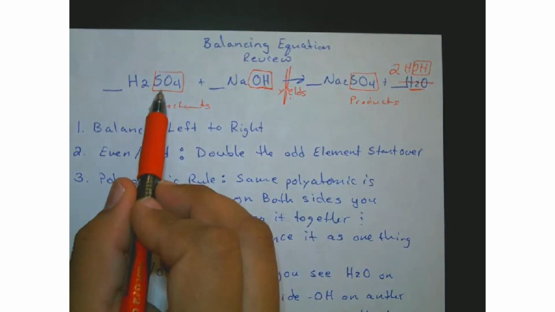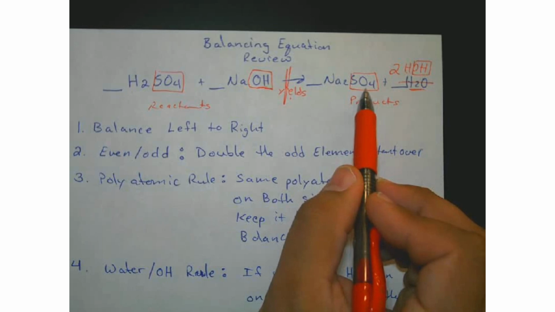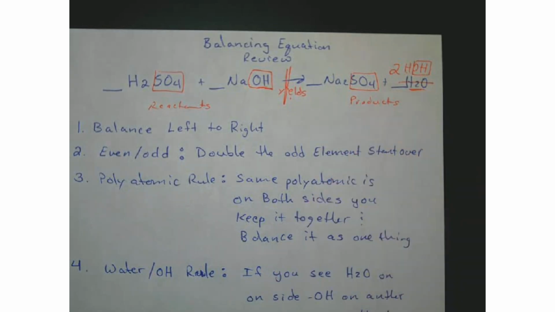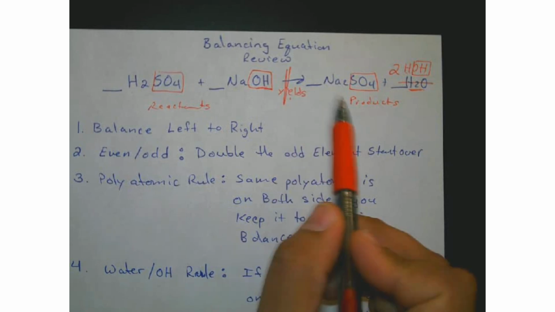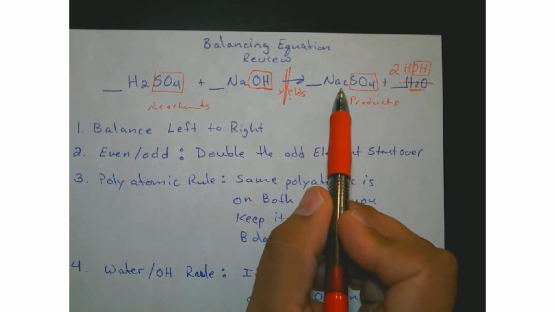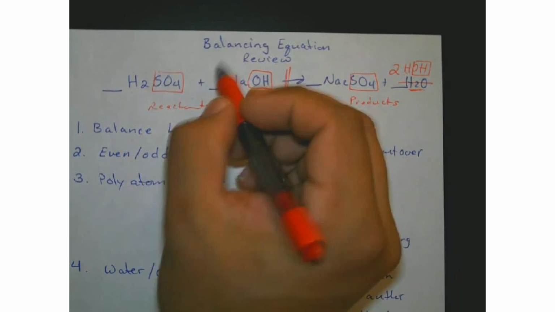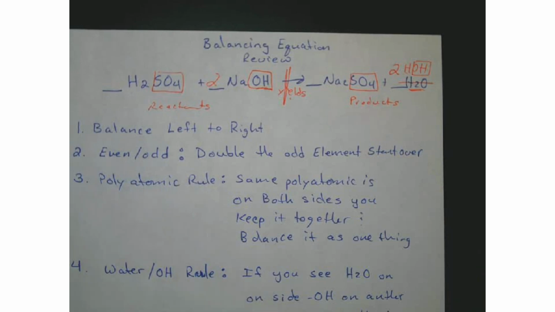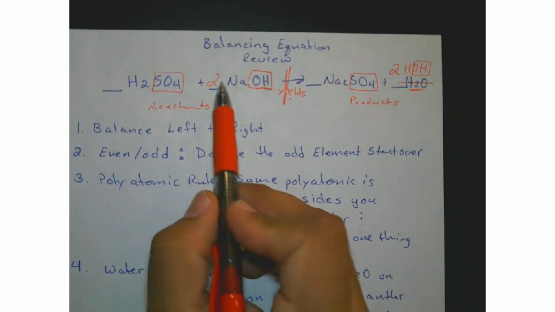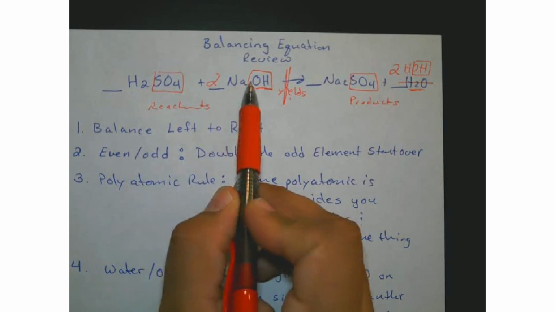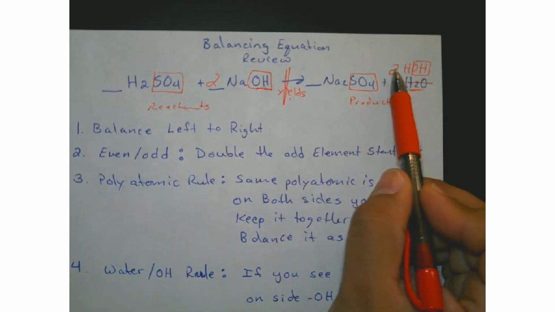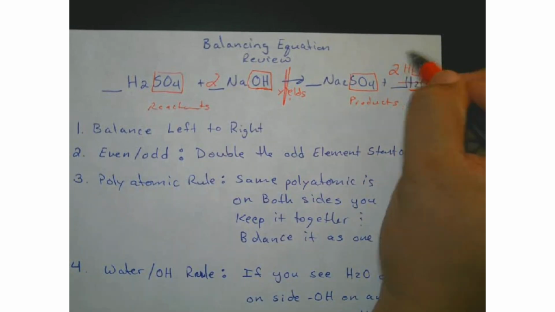So that means we have 1 sulfate and look, another 1 sulfate. So sulfate is good. Let's do sodium now. 1 sodium, 2 sodiums. So I got to put a 2 on this guy. So sodium's balanced. And now look, I got 2 hydroxides. And look, I already have 2 hydroxides.